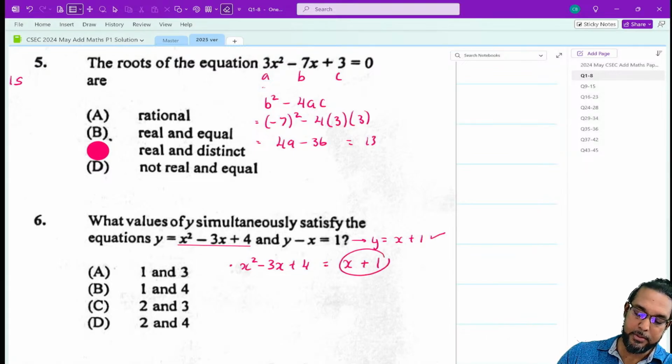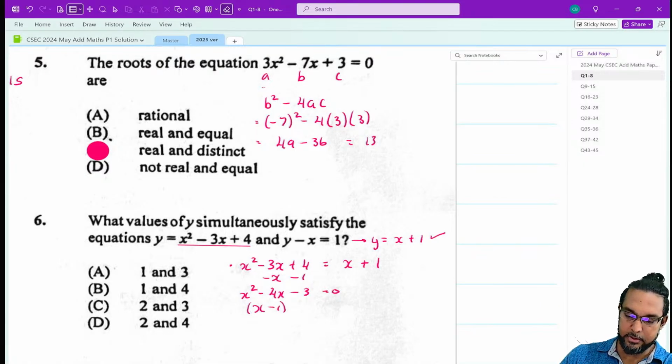And then we could subtract x plus 1 from both sides. Subtracting x, so you're going to minus x and minus 1, and you're going to get x squared minus 4x minus 3 equal to 0. So when you factor that out, you're going to get x minus, wait, sorry, did I do the right thing there?